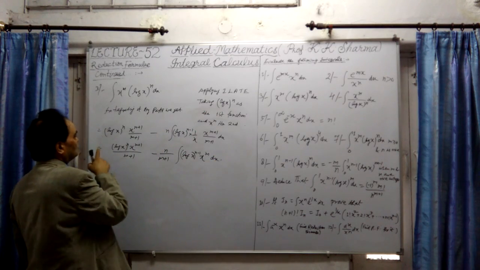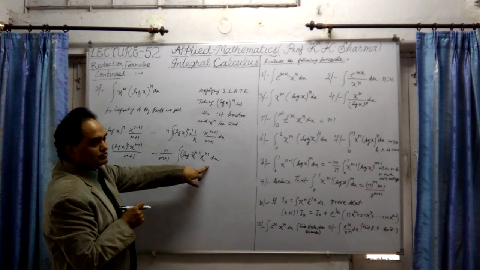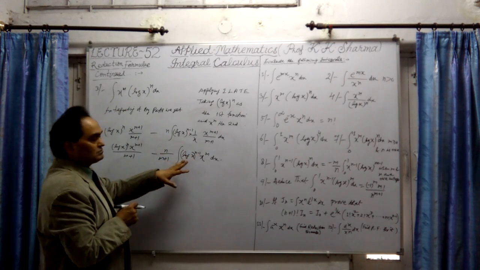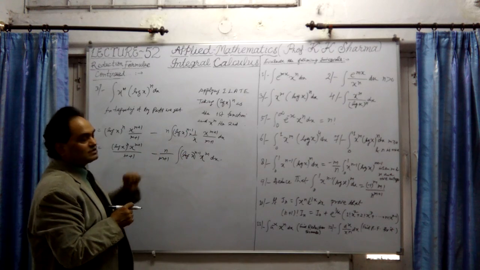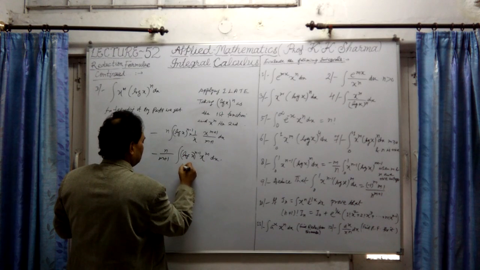Here we see we started with x to the power n and we still have x to the power n, but the power of log has decreased from n to n minus 1. This is the reduction form.